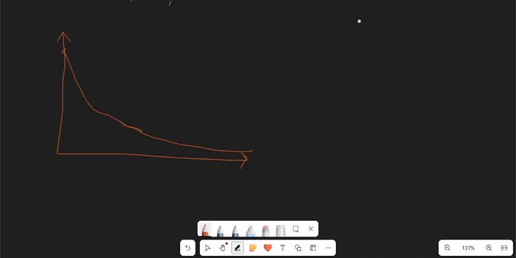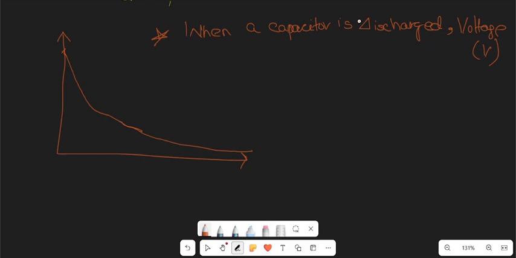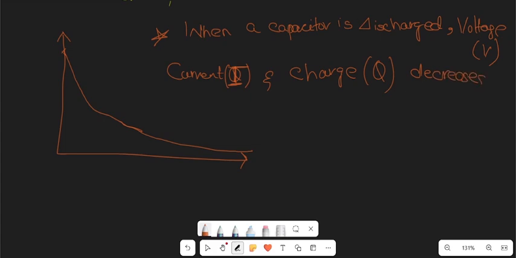And let me write something. This is a big important thing. When a capacitor is discharged, voltage, current and charge decrease exponentially.